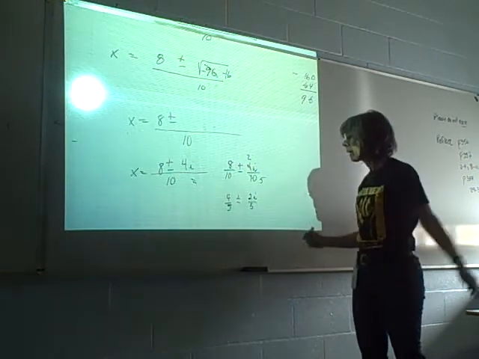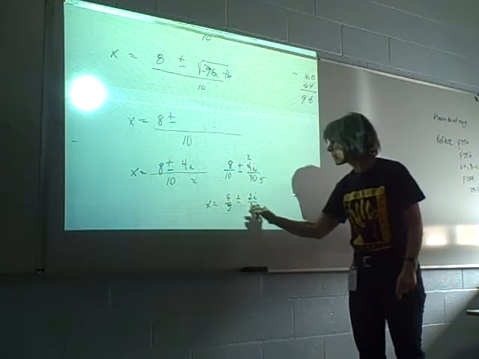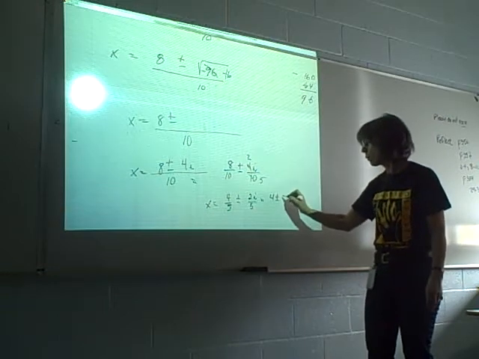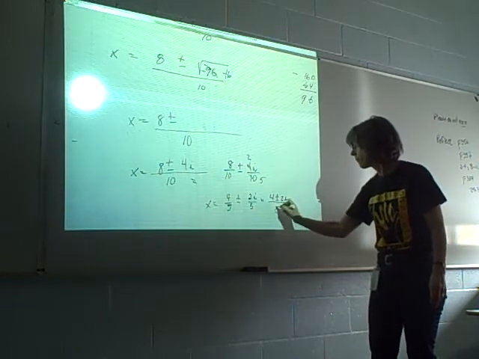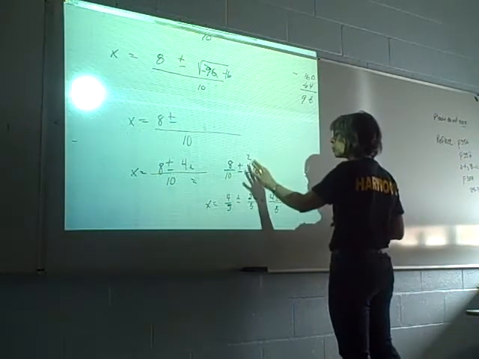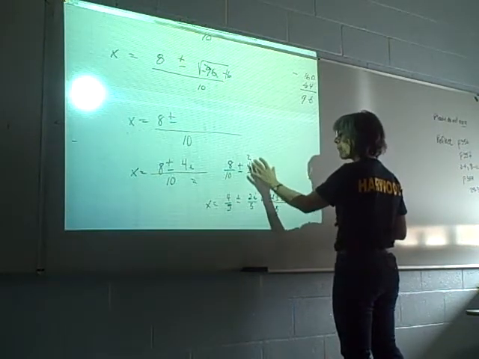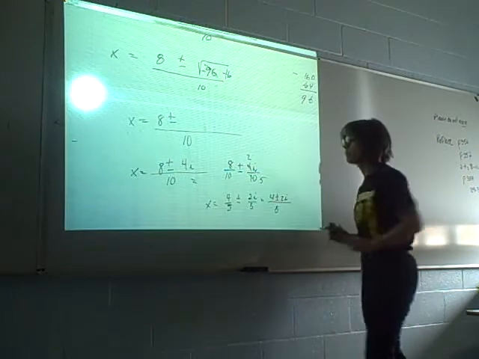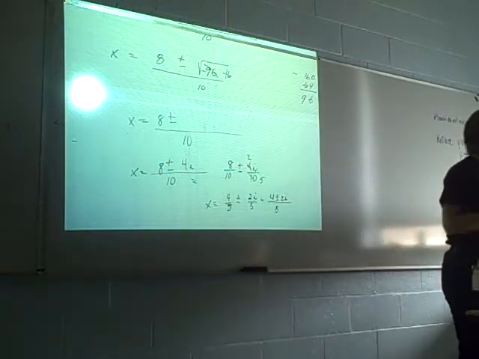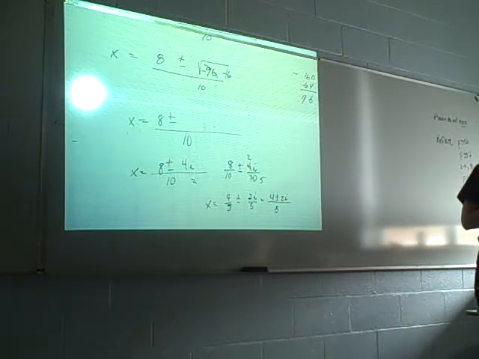Okay, I could leave my answer as such, or since my denominators are the same, I could then put it back over one denominator if I wanted to. Okay, but you need to just be aware of it because sometimes you won't be able to simplify this, and you can simplify your first term. Okay, you're always looking to simplify.